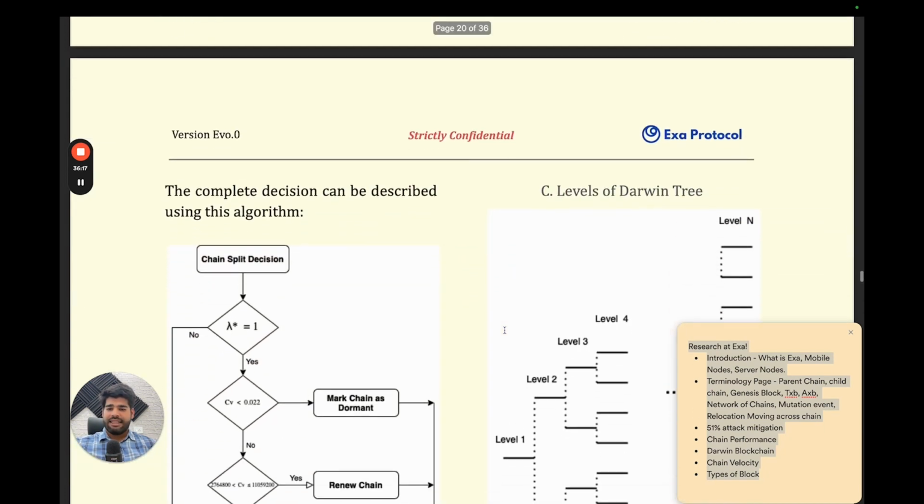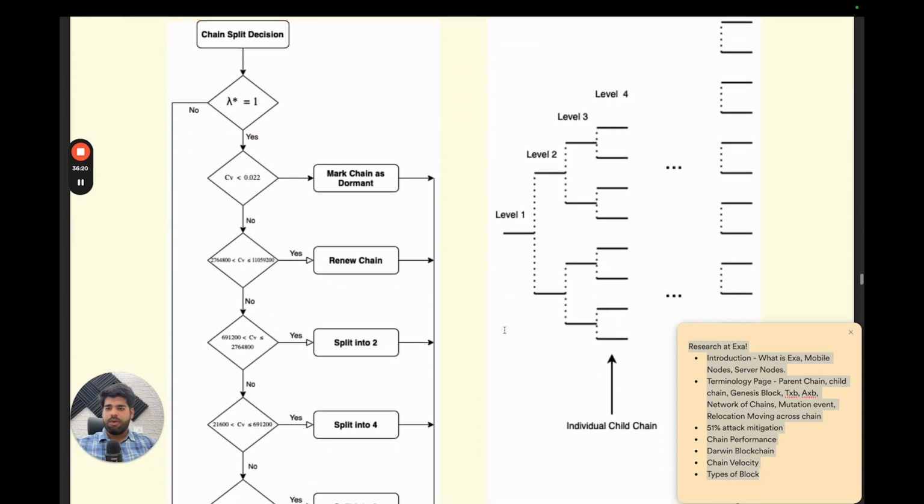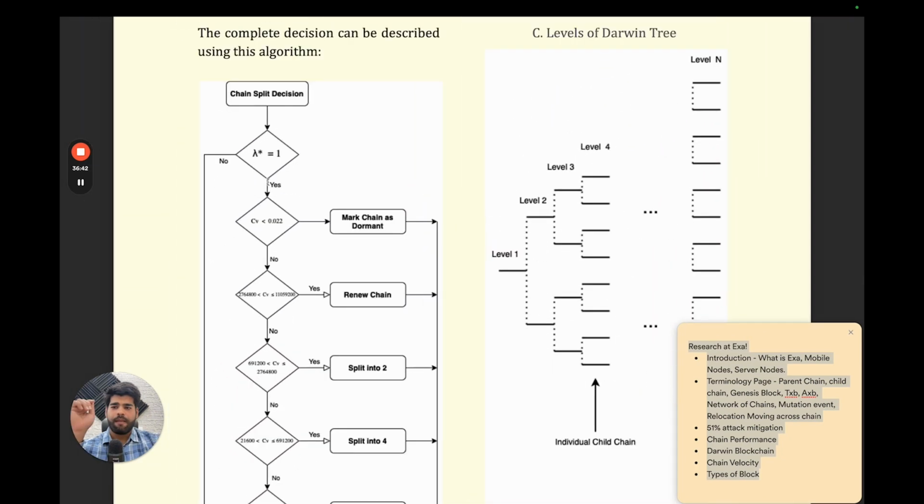Now, this is how both the parameters work together. First of all, we'll look at the value of lambda star, which is an indicator whether the chain should split or not. If the lambda star value is 1, then we'll look at the chain velocity.